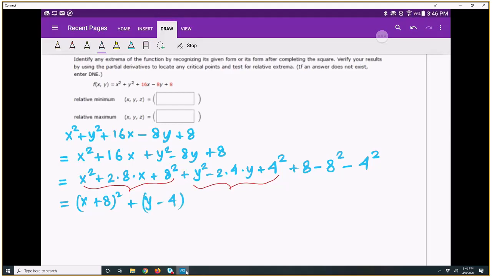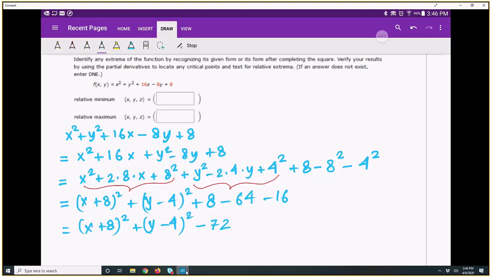And finally, I have 8. 8 squared is 64. 4 squared is 16. So that simplifies to x plus 8 whole to the power 2 plus y minus 4 whole to the power 2. Minus 64 minus 16 is minus 80 plus 8 is minus 72.